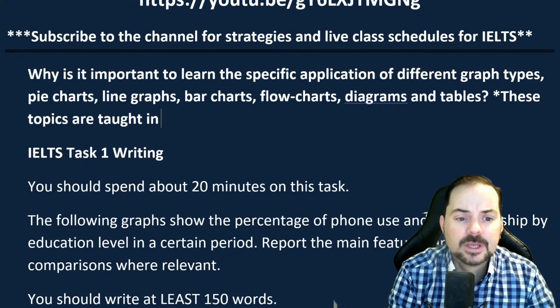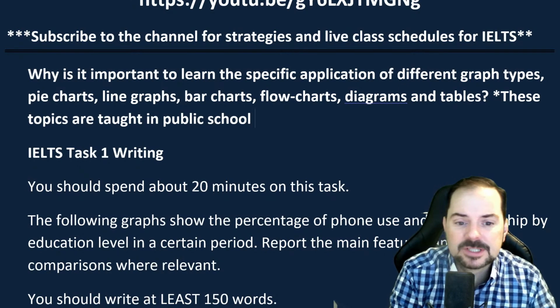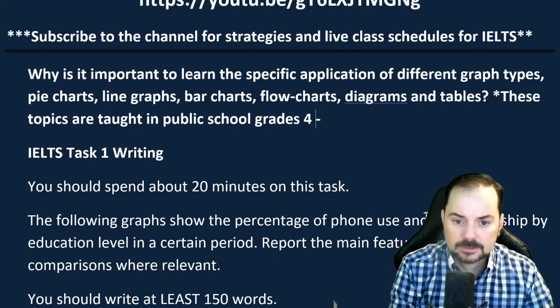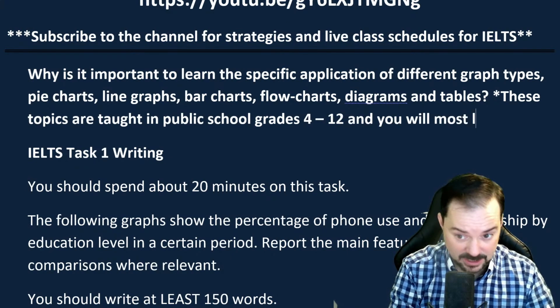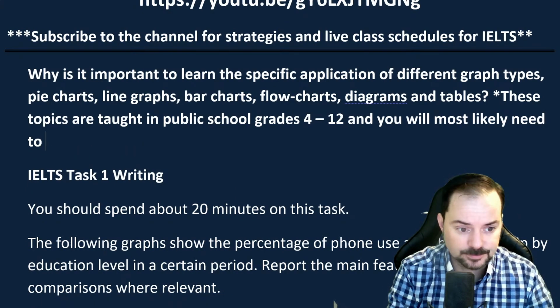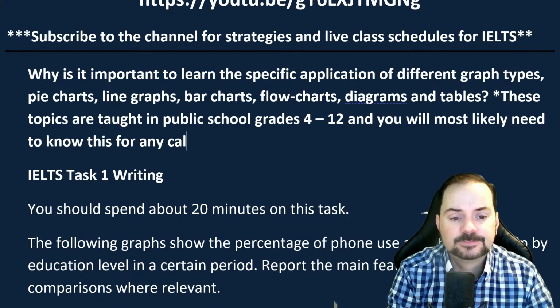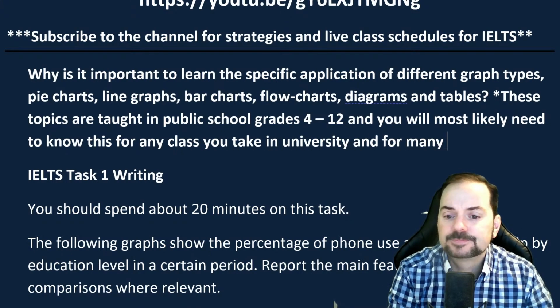are taught in a public school. Grades, I don't want to say 1, but let's say grades 4 to 12. And you will most likely need to know this for any class you take in university, and for many jobs.